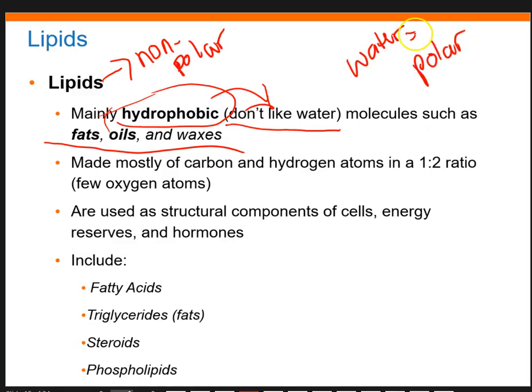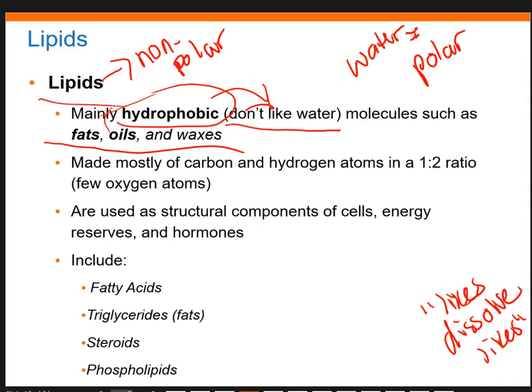And when we talk about things mixing together well, we use the term likes dissolve likes. So like things dissolve in like things. These are not like, they are opposite. So lipids do not dissolve in water.